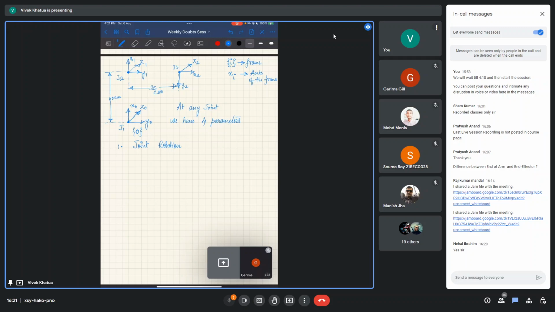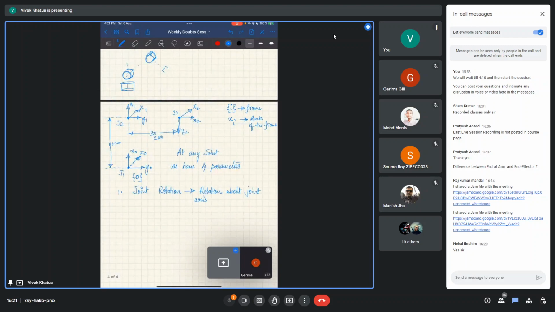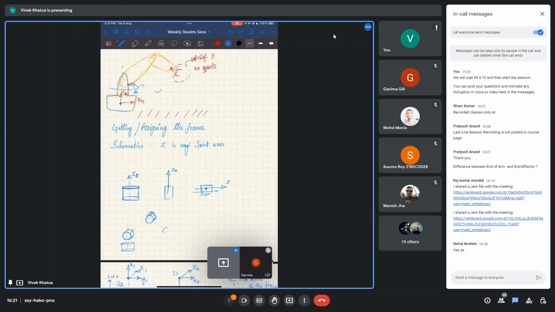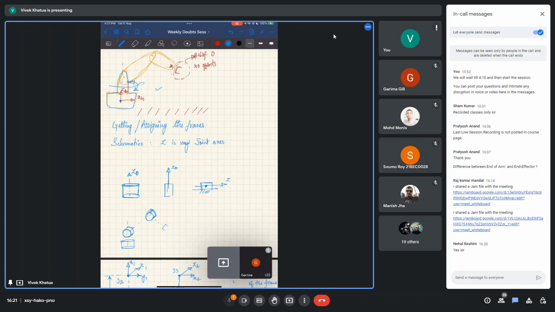This is nothing but rotation about the joint axis. Now recall what the joint axis is. For people who came late, the joint axis is where my z is pointing.